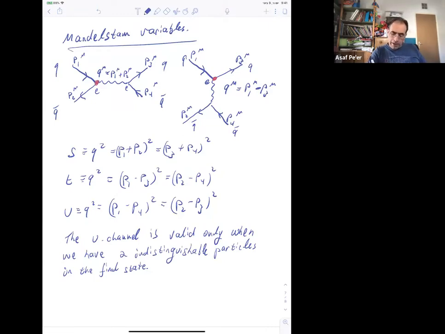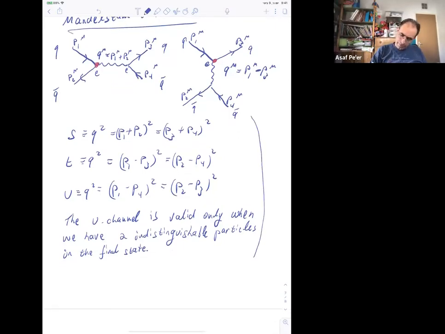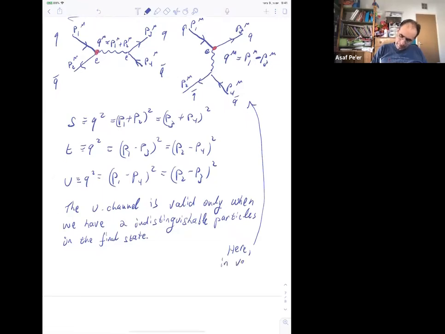So in this example that we have here, when we have a T-channel, each vertex connects only a quark and an anti-quark with an anti-quark. So a U-channel is not relevant here. Each vertex connects only quark or anti-quark and anti-quark, so there's no such thing as a U-channel here.